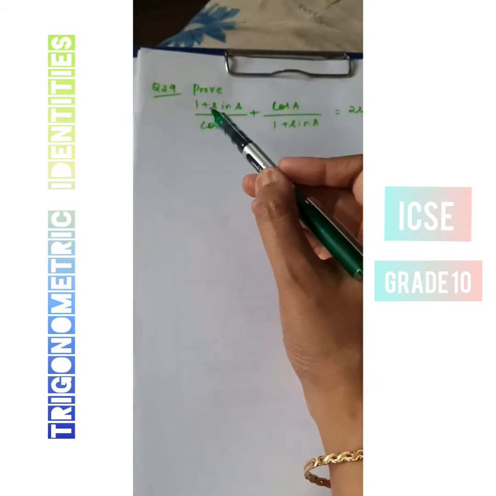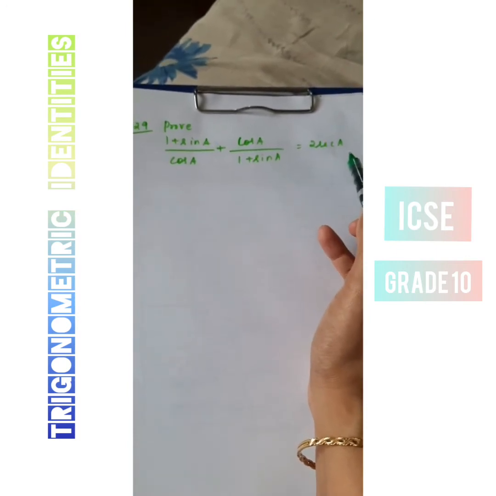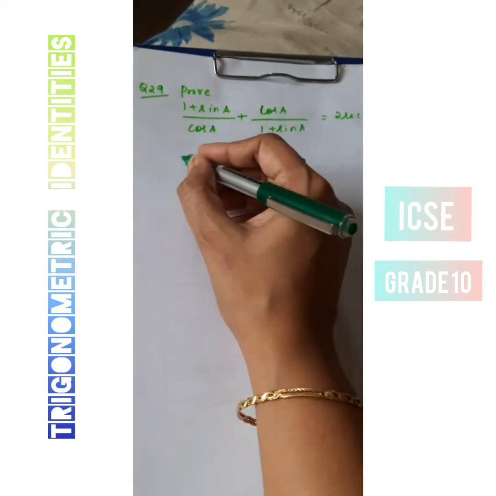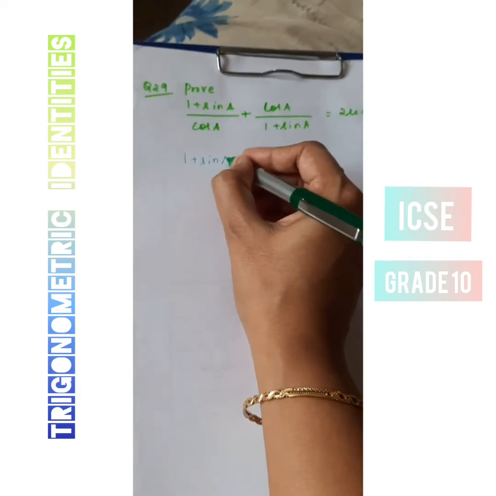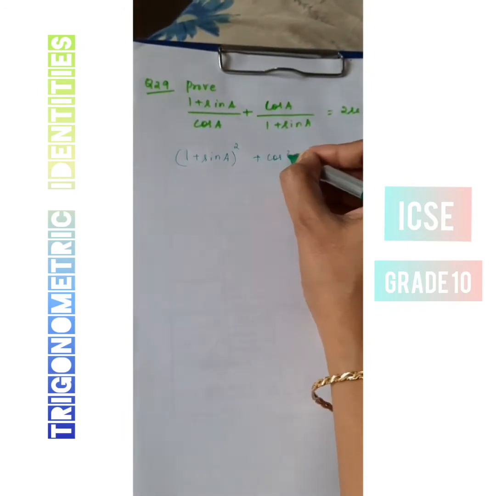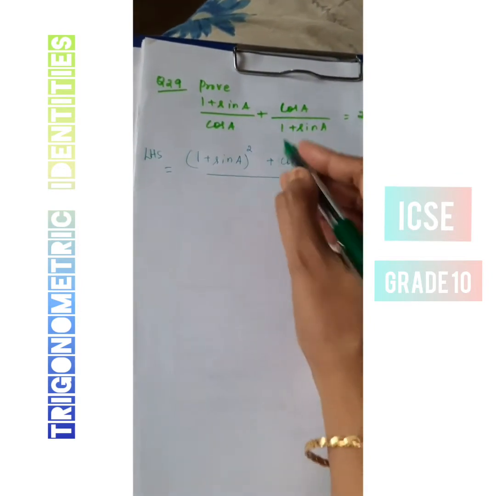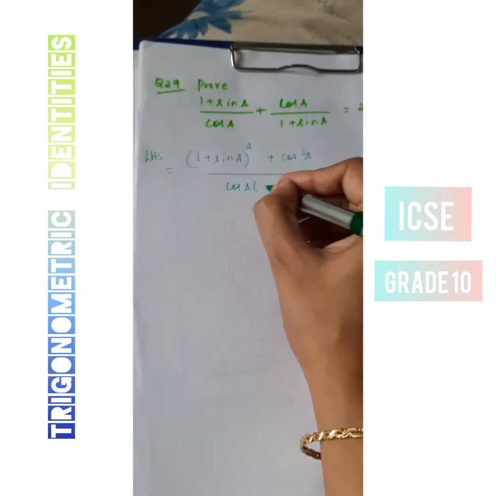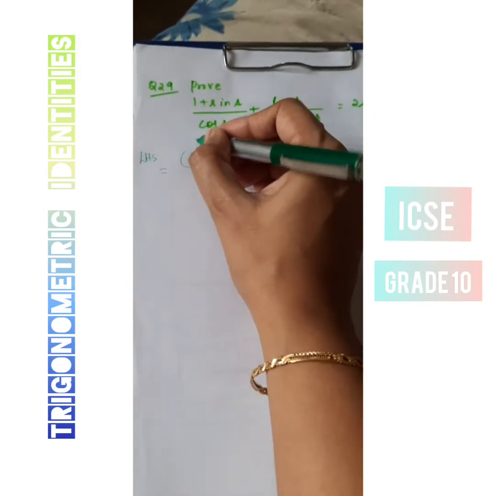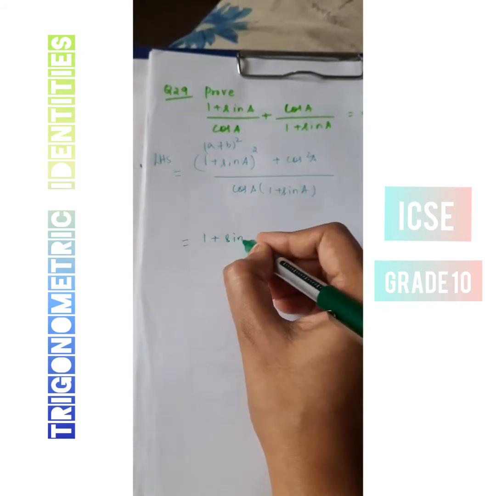So next, 29: 1 plus sin A by cos A plus cos A by 1 plus sin A equals 2 secant A. So we can take the LHS, that is 1 plus sin A whole square plus cos square A, LCM this is cos A into 1 plus sin A. It's of the form A plus B whole square, so we need to expand using the formula A square plus B square plus 2AB.